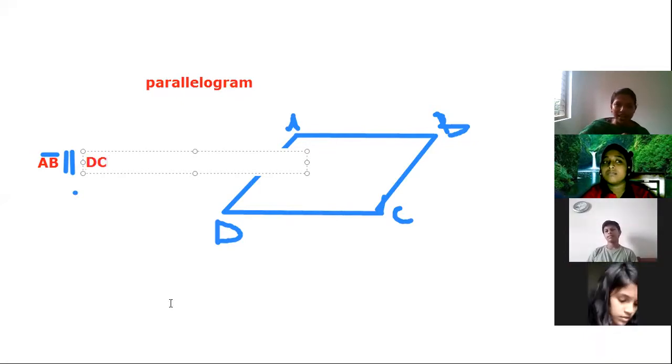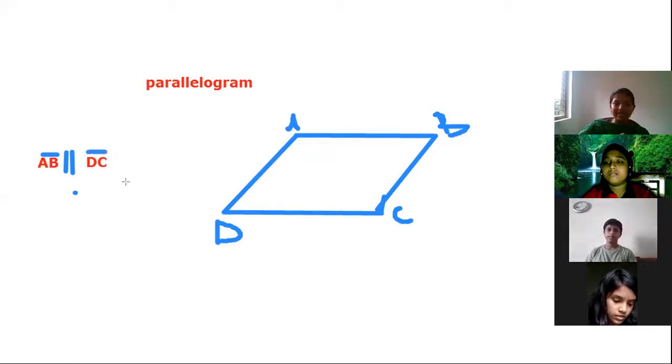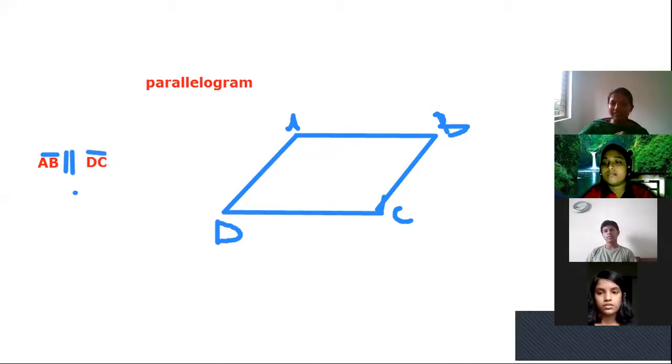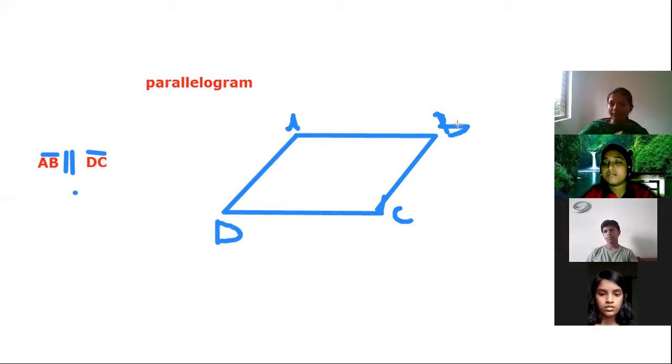Line AB is parallel to line DC. And how will you represent line DC? We have to draw a line above D and C. That is DC. So we can read that line AB is parallel to line DC. Similarly, we can write that line AD is also parallel to line BC. Then how can we write line AD?